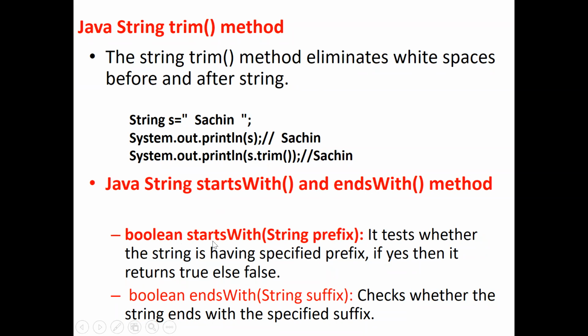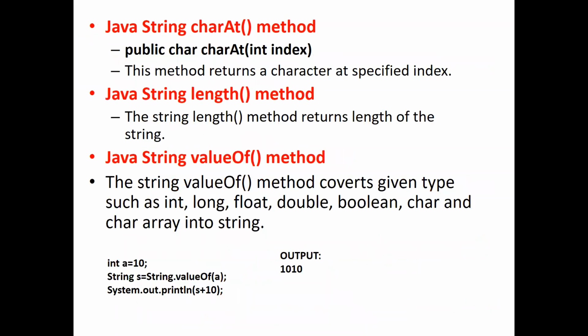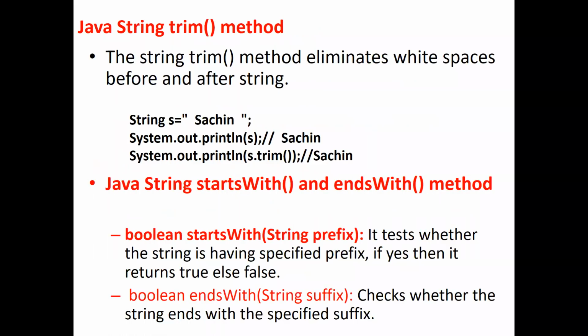So if you see here, starts with, ends with. You will give some prefix. It can be any example, like in the case of Sachin itself, all the names ending with n, or ending with hin. Also in the case of files, there are plenty of files.